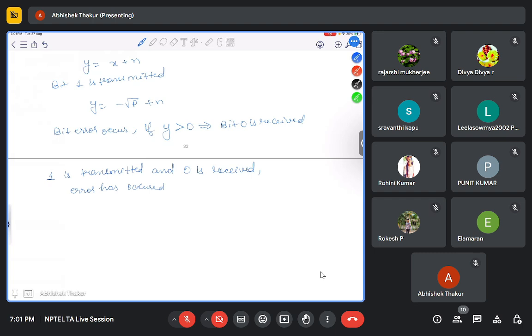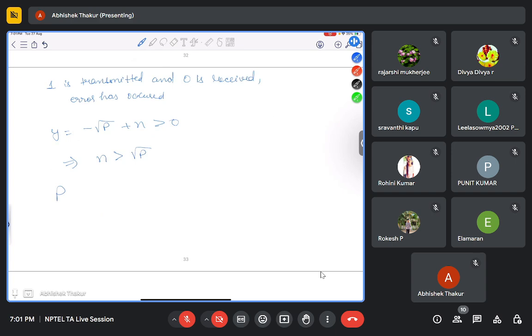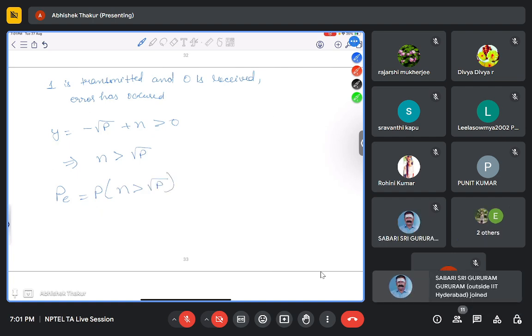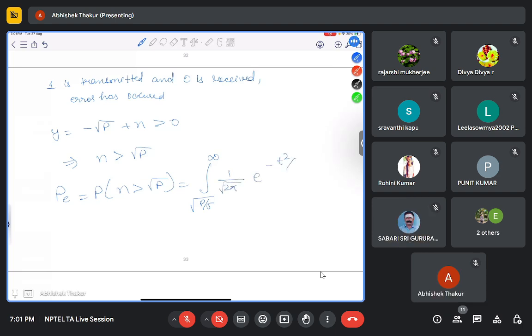Now when will y be greater than 0? This means that this term is greater than 0, because this is equal to y. This implies that when the noise is greater than root p, the error will occur. This means noise is very dominant. So the probability of error, the probability that n is greater than root p, is the integral of 1 by root 2 pi e to the power of minus t squared by 2 dt.